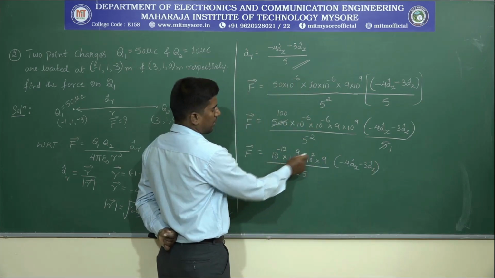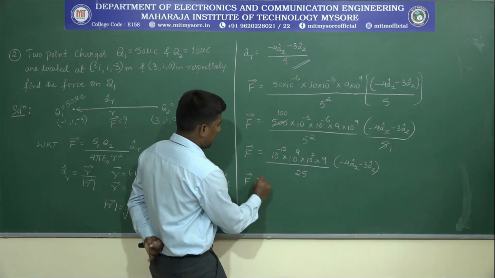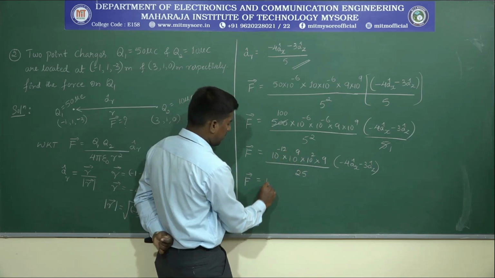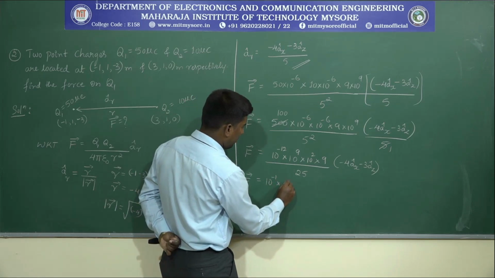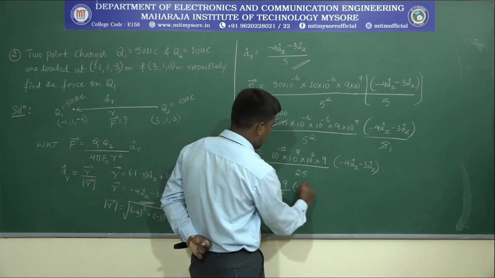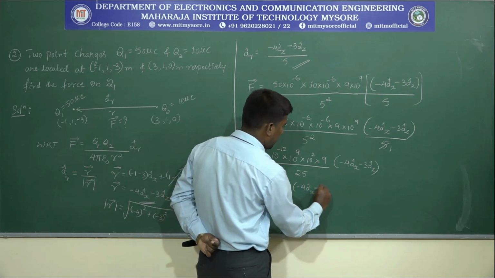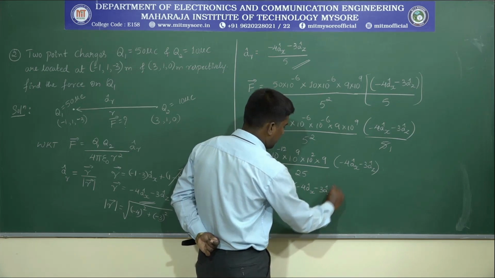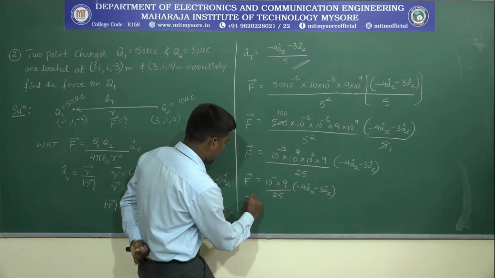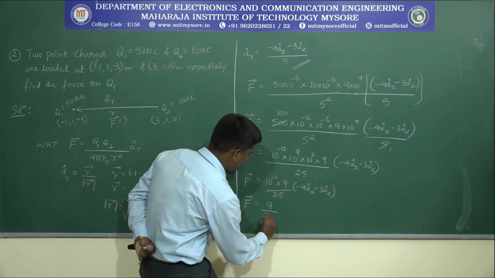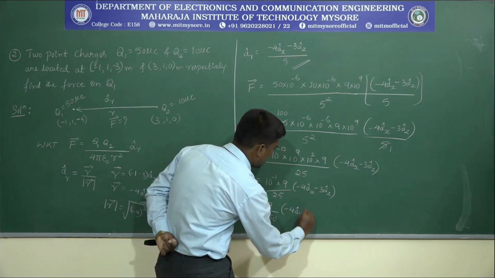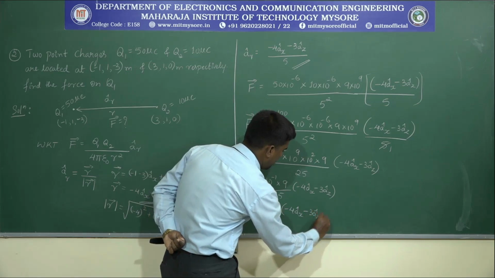See how much we are going to get? 10 power 11 into 10 power minus 12, so the resultant is 10 power minus 1 into 9 divided by 25 into minus 4 a cap x minus 3 a cap z, right? So F is equal to 9 divided by 250 into minus 4 a cap x minus 3 a cap z.